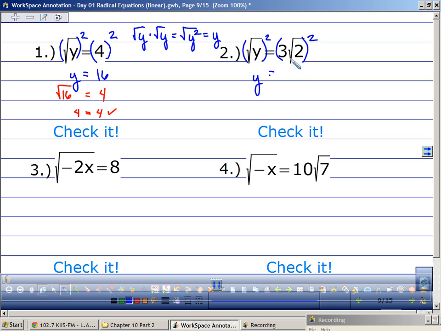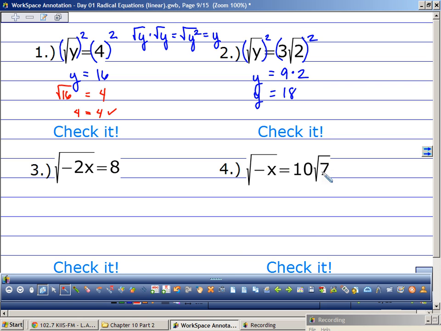Now here's what I'm talking about. This seems so easy that you could overlook the fact that you need to square everything in the parentheses, correct? So don't I have to square that 3? So 3 squared is 9, times, if I square the square root of 2, what do I get? 2. So y equals 18.